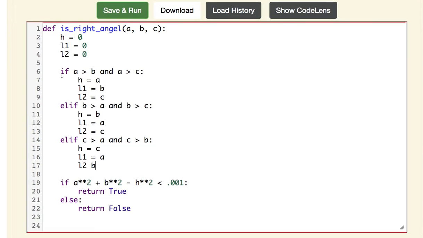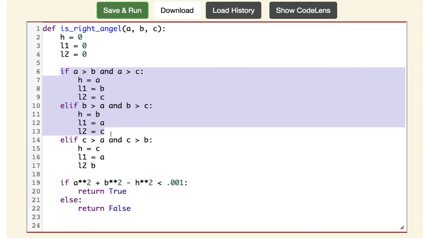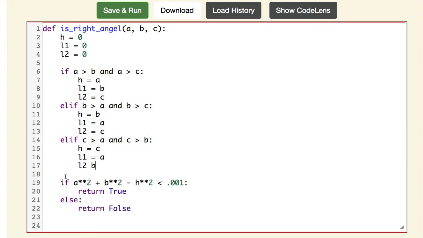Okay, so now that we have the hypotenuse and the two legs definitely saved in these three variables at the end of this if statement, so by the time we're here on line 18, we have everything we need. We have leg 1 containing one of the legs, leg 2 containing the other leg, and the h variable containing the hypotenuse, right, which we determined by using this if-else branch.